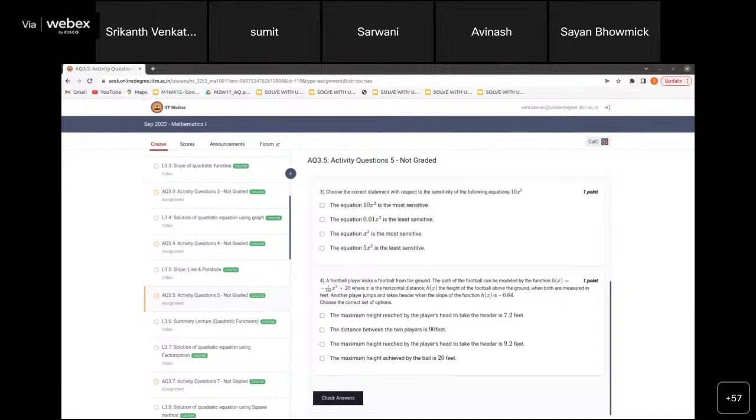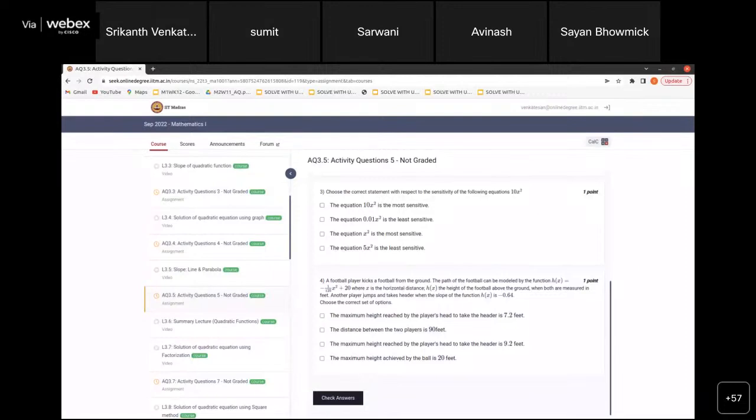So the rate of change of y with respect to the rate of change of x. If it is very large, very huge, then it will be considered as most sensitive. So high sensitive. If I move a little bit of x, and my y varies a lot, that means it is more sensitive.